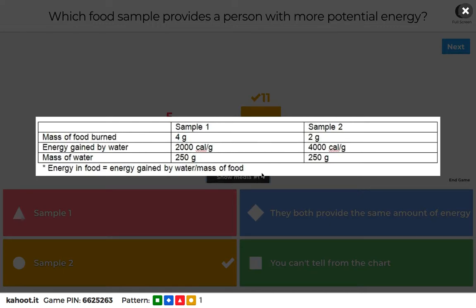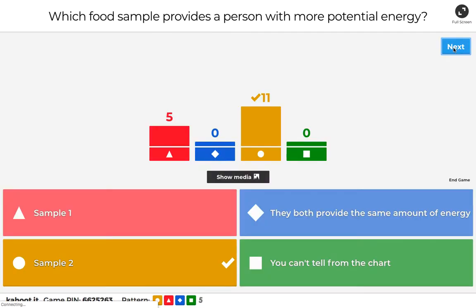How many calories? 4,000 per gram. The key is you have to use the same measurement. So, yep, sample 2 has more calories, therefore more energy.